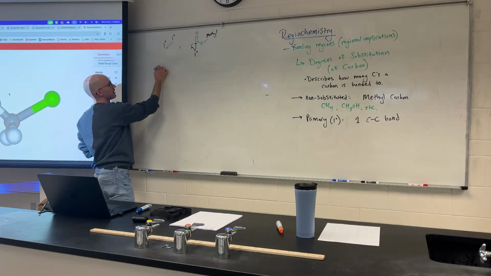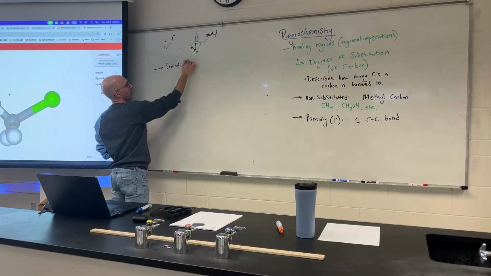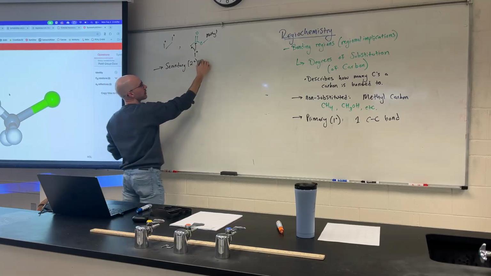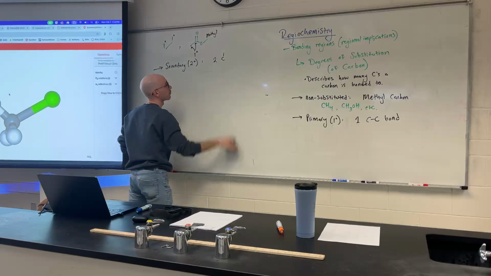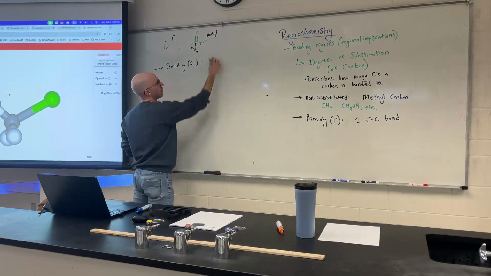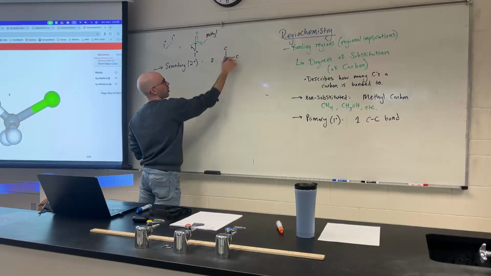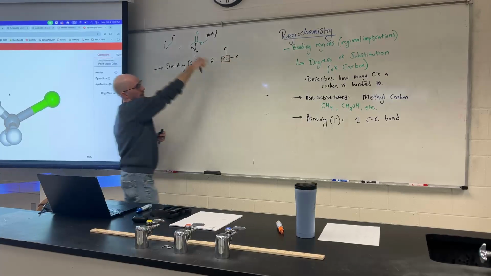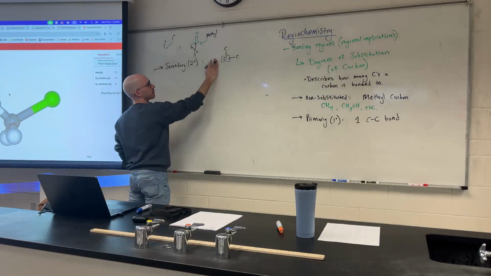Okay, our next is secondary, represented as 2 degrees. This has 2 carbon-carbon bonds. I'm going to represent that as a central carbon that has 2 other bonds to carbons.